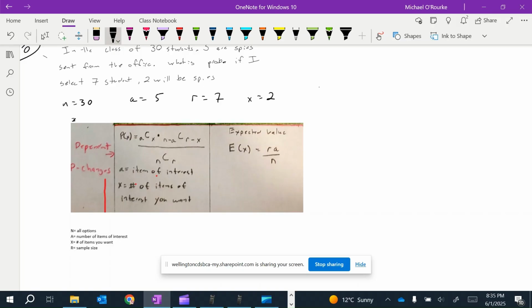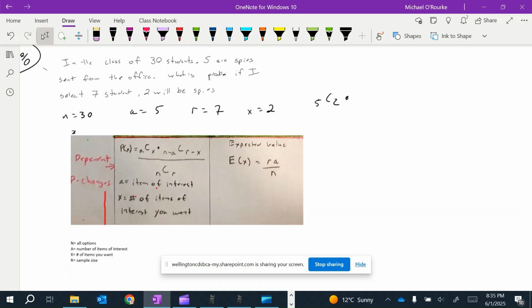Okay? So I'm going to do 5 choose 2 first. There's 5 spies. I want 2 of them. Then there's 30 students. 5 are spies. That's going to mean 25 are left over. And I'm picking how many? If I select 7 students, it's going to be 5 left over there.